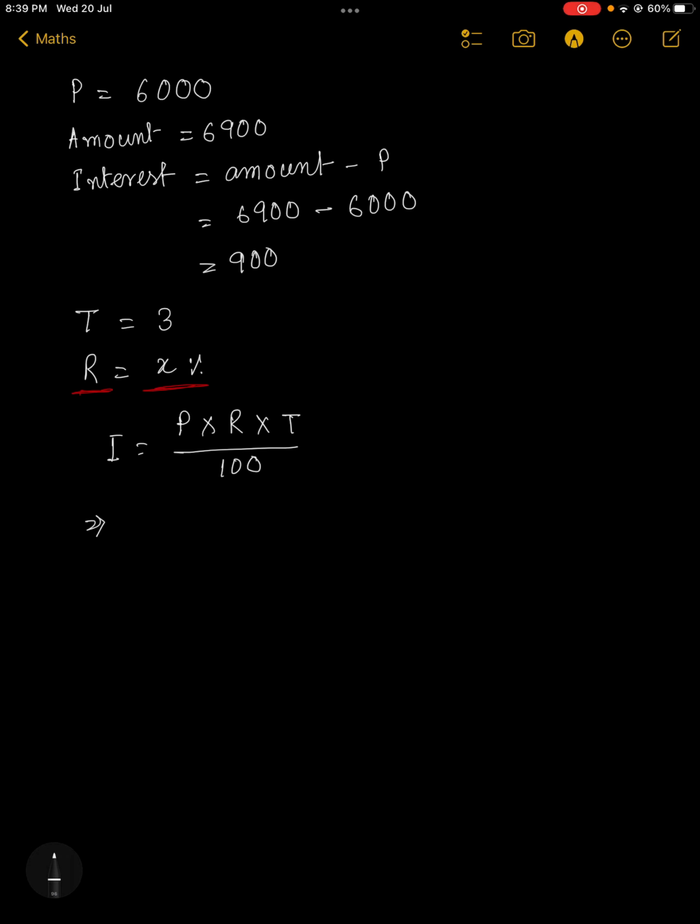So R is equal to I into 100 by P into T. Here I is 900, into 100, by P is 6,000 and T is 3.